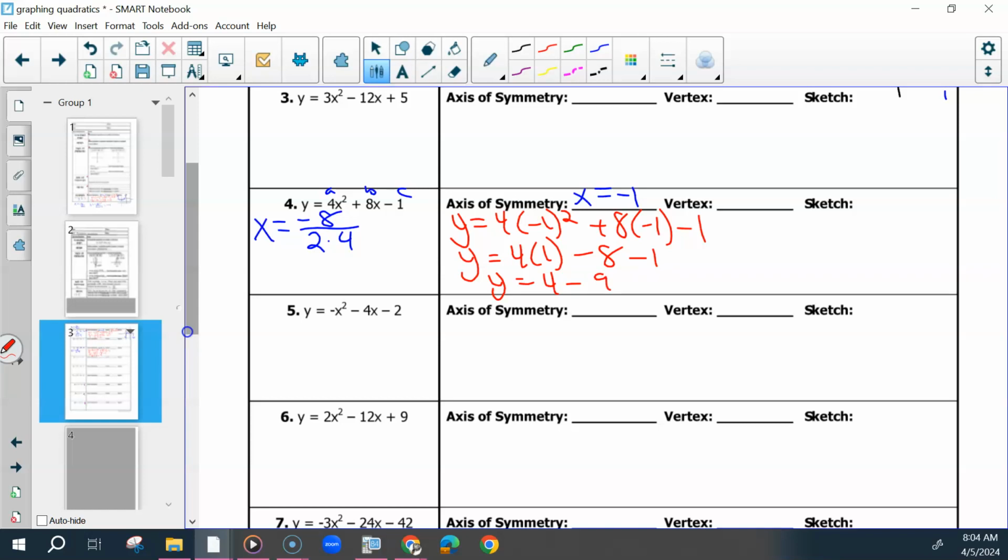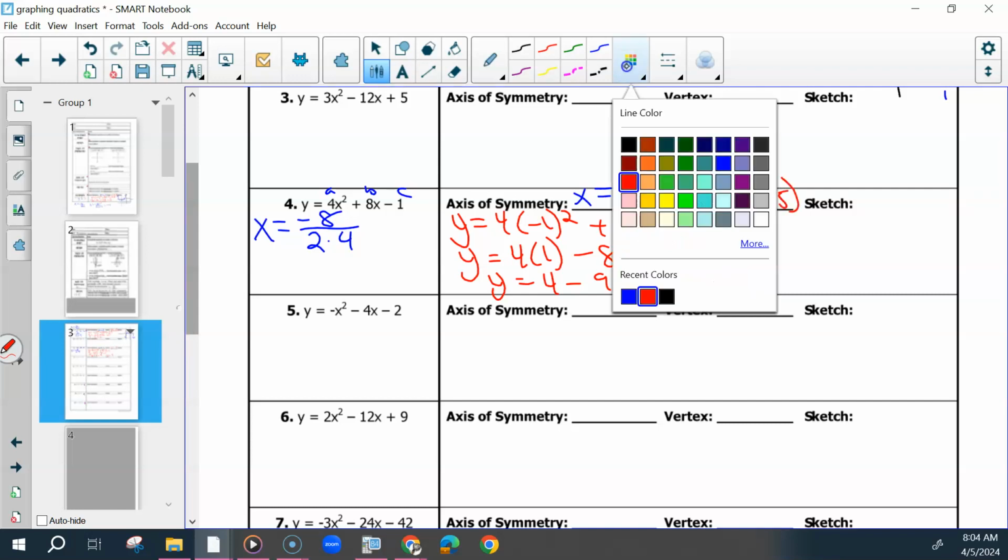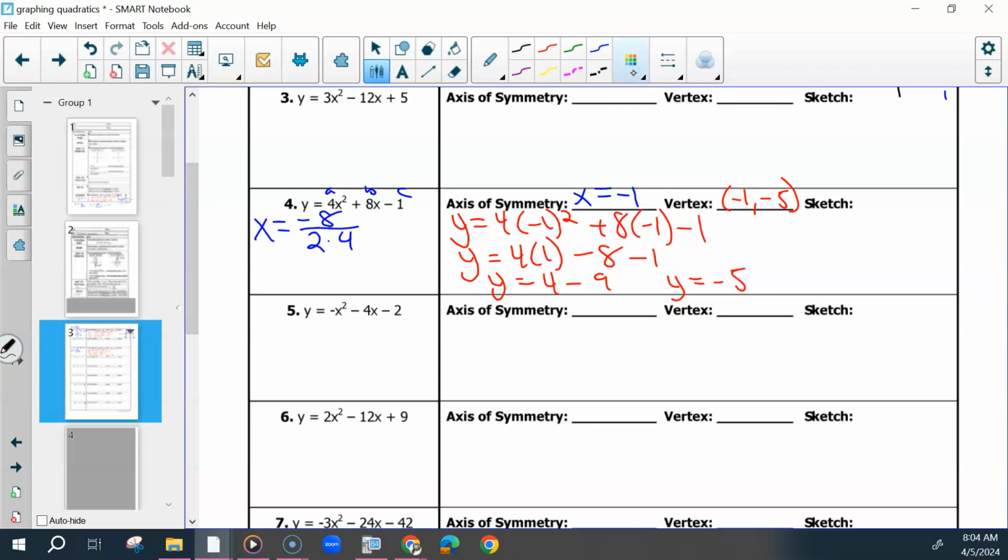What is your y value? Negative 5. So your vertex would be what? -1, -5. Go ahead and draw that rough sketch.